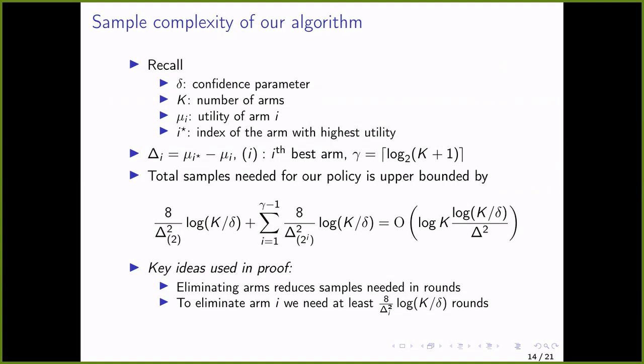We characterize the upper bound on the number of samples needed under our policy. Note that the bound scales as log k to the power 2, where k is the number of arms. The key ideas used in the proof are to characterize the number of rounds needed to eliminate each suboptimal arm and exploit the fact that eliminating arms reduces samples needed in future rounds.